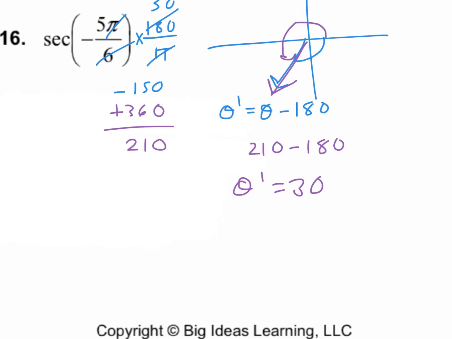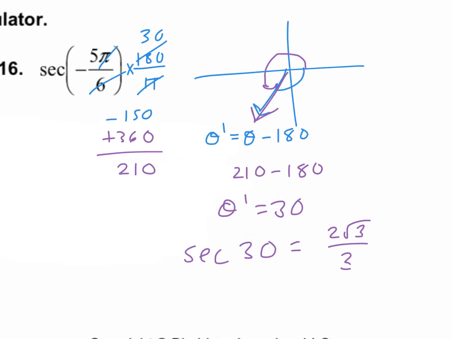Step 2, look at our chart. So we need to find the secant of 30. What is it? 2 square root 3 over 3. And then step 3, we have to figure out our sign. Is this going to be positive or negative? So we have all students take calculus.